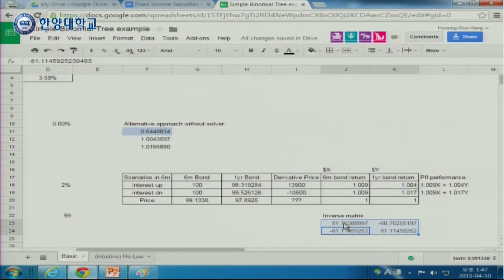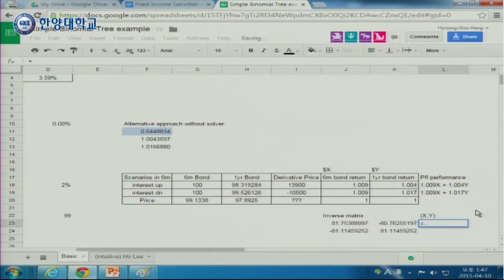So I multiply M inverse by this one, and the relative price.